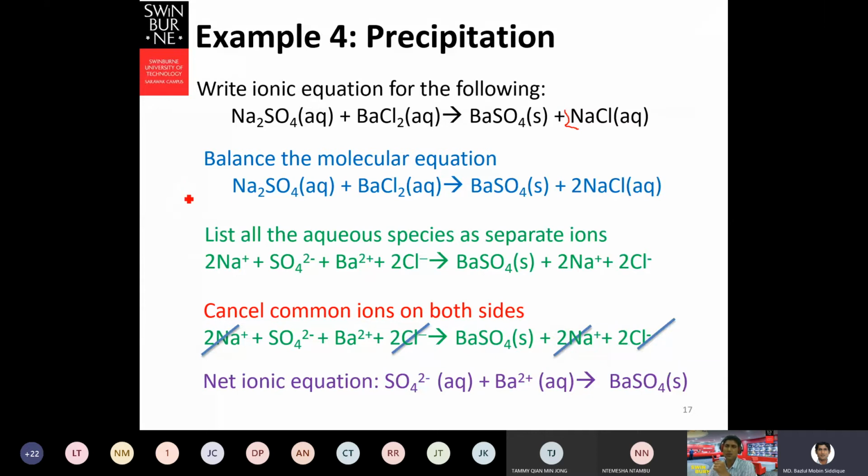Each sodium contributes 1 charge, so 2 sodium contribute 2 positive charge, and that neutralizes the 2 negative charge on sulfate. Same goes for beryllium chloride. Beryllium carries 2 positive charge, and chloride ion 1 negative charge. So 2 chloride ions neutralize the 2 positive charge of beryllium.